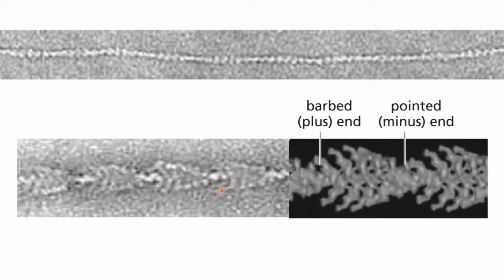It really looks like an arrowhead, with a pointed end and the barbs on the other end. The barbed portion is the plus end, where new actin monomers are added the most. The pointed end is the minus end, where the removal of actin monomers happens.